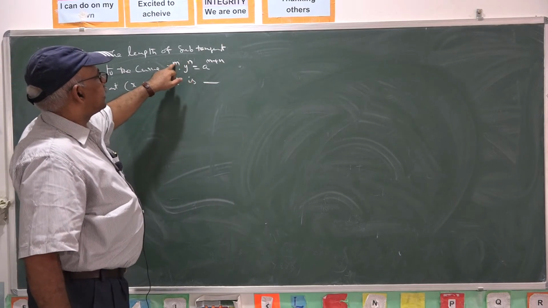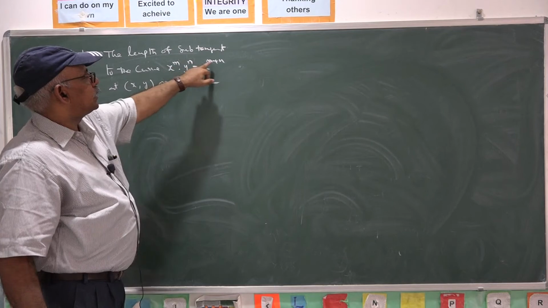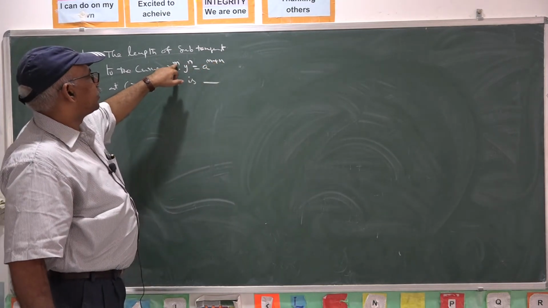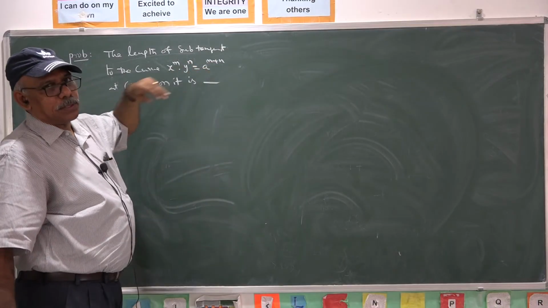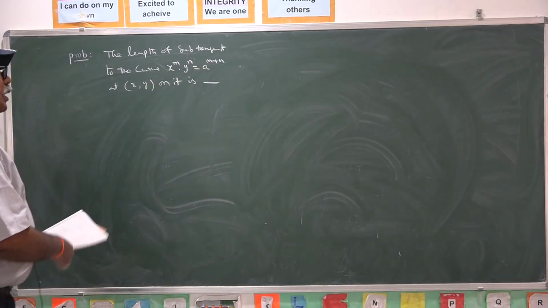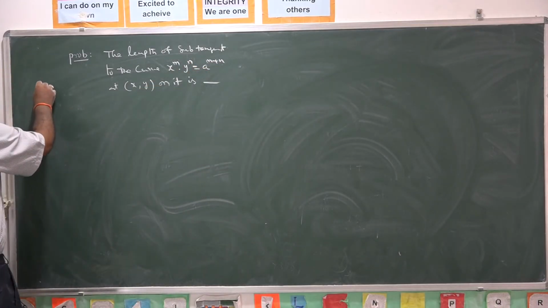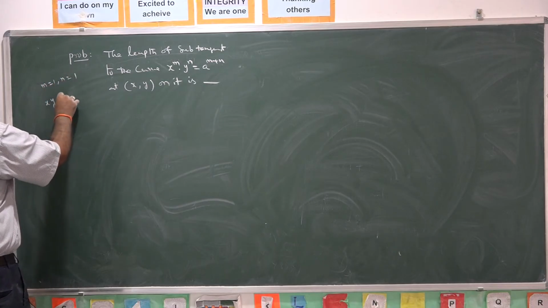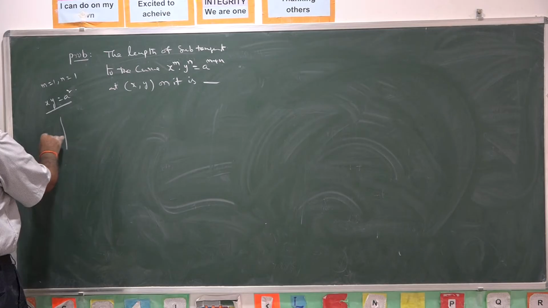The sum of these exponent values, the powers, is present here: x power m into y power n equal to a power m plus n. Taking in particular m equal to n equal to 1, we get xy equal to a square, a rectangular hyperbola.